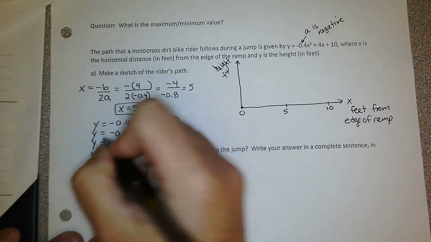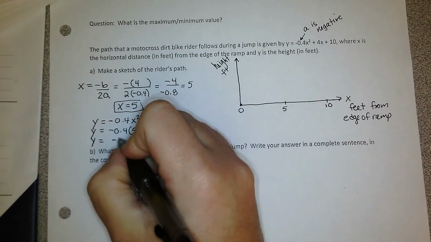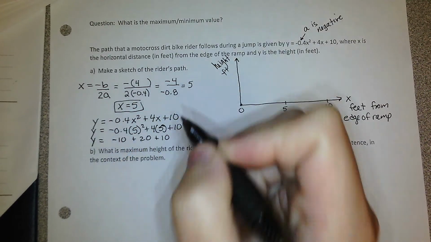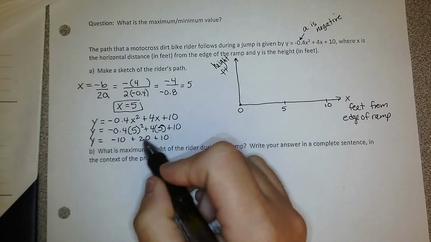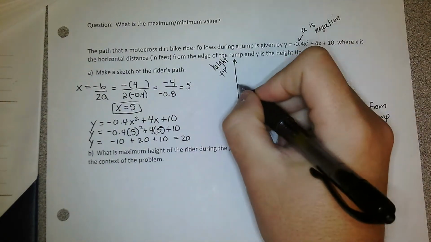Again, some fancy calculator math. Negative 0.4 times 5 squared, that part is negative 10. 20, 10. So this is going to give me 20. So he's 20 feet in the air.